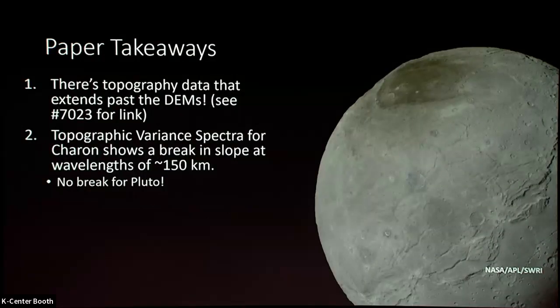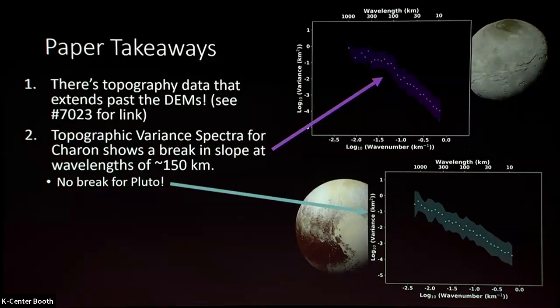All right, so the very big result we got from looking at the limb profiles by themselves is that when you take the topographic data, you have these nice long tracks of topographic data that you can throw through a Fourier transformation, get out topographic variance spectra, and look at what you get.